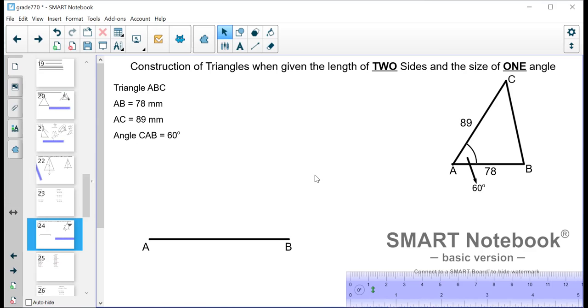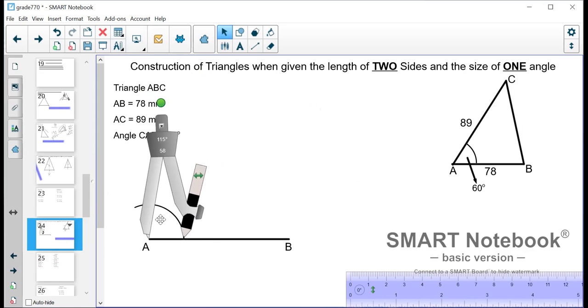Now, if you can remember from previous lessons, we went through how to construct angles, and 60 degrees was one of those. So that is what we would need to do at A. From A, we'll construct a 60-degree angle. You place the compass point at A, open to a suitable radius, and you scribe an arc.